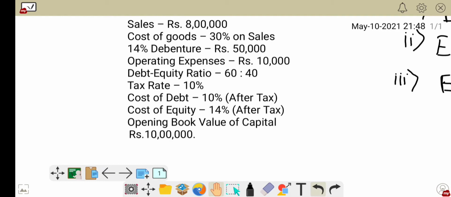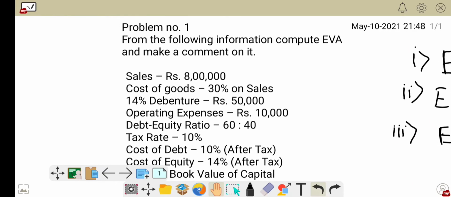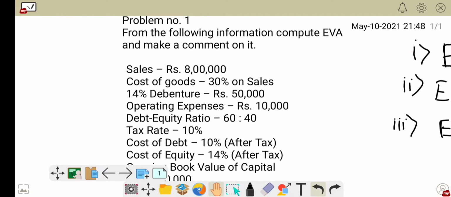And the opening book value of capital is rupees 10 lakh. It is supposed to be in one line with OBVC, but due to a technical problem it comes to the next line. I hope you will cooperate with this.